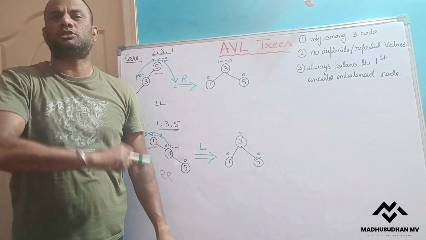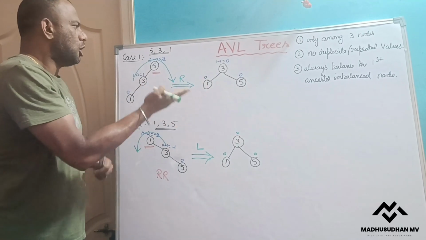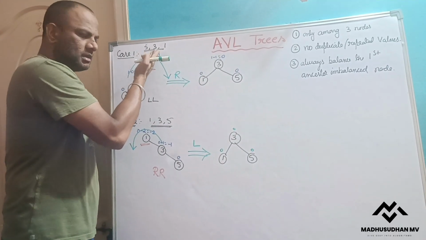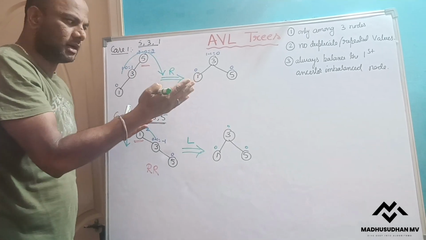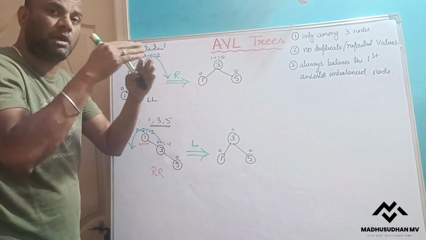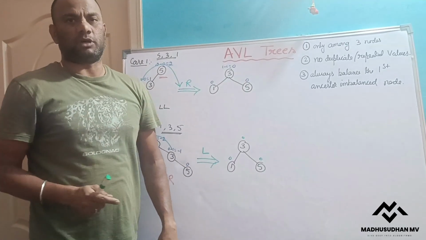Okay, but there are some situations, suppose the same elements come in another order, not in descending order like this or not in ascending order like this. If it comes in some other order, sometimes we may do double rotations. Let us see those double rotations.